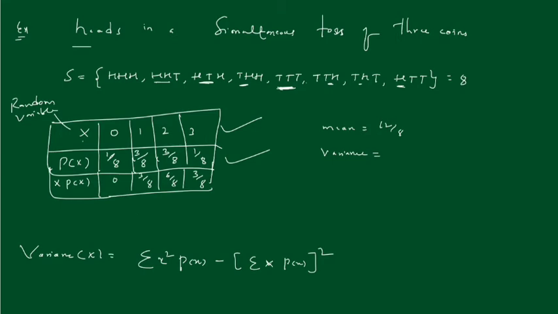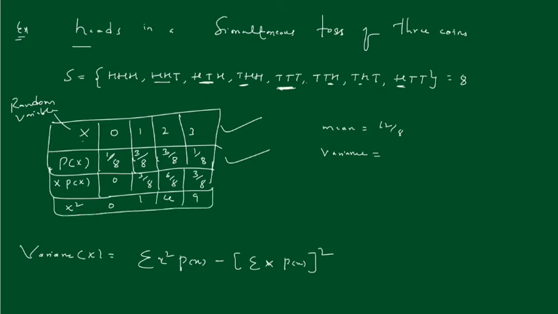So now we can find x square first here. Later on we can find the variance value. So what do we get? X square is 0, 1, 4, 9, right?